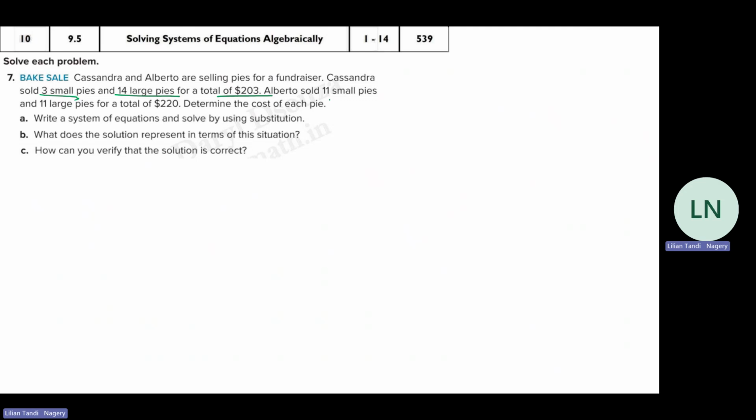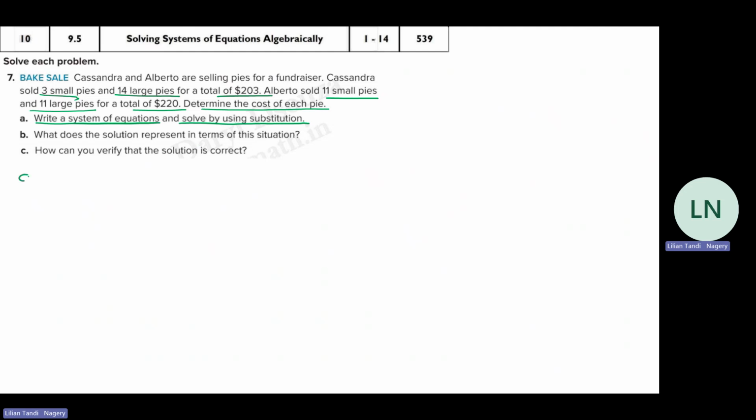Alberto sold 11 small pies and 11 large pies for a total of 220. Determine the cost of each pie. How are you going to do that? By writing a system of equations and solving using substitution.